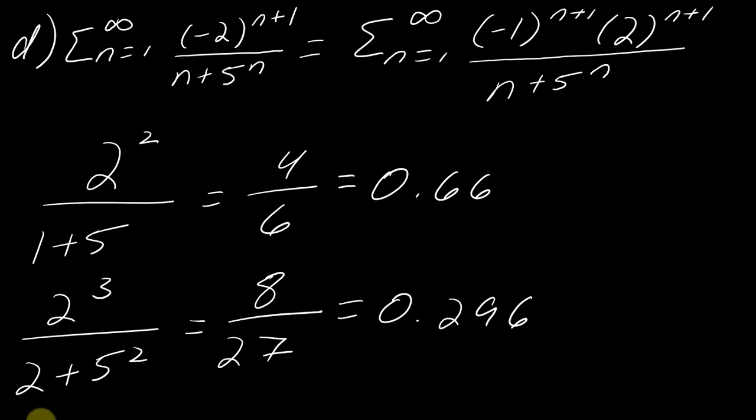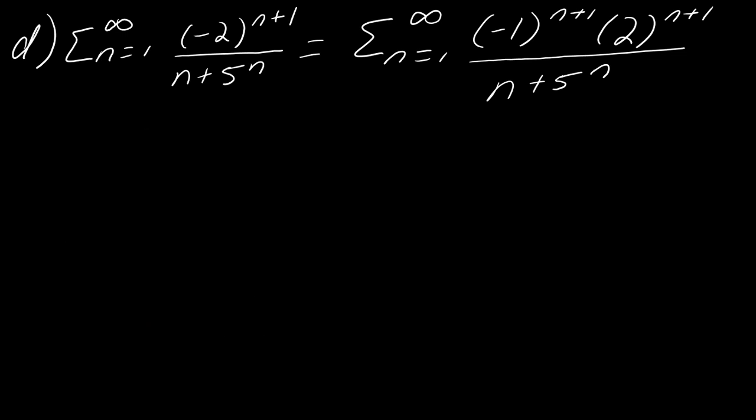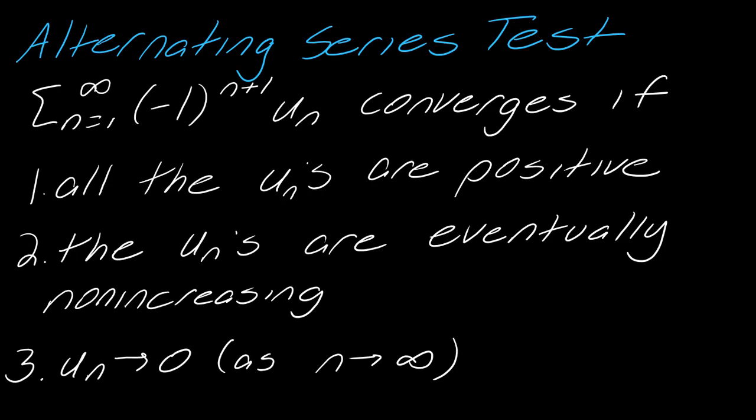I think in this case we can call it obvious. We can see that the terms are always going to decrease like this. The bottom is going to continue to grow much faster than the top, so it's just going to continue to decrease. So I feel like you could use that. But my point is that sometimes this AST can feel a little awkward. So you don't have to just use the AST.